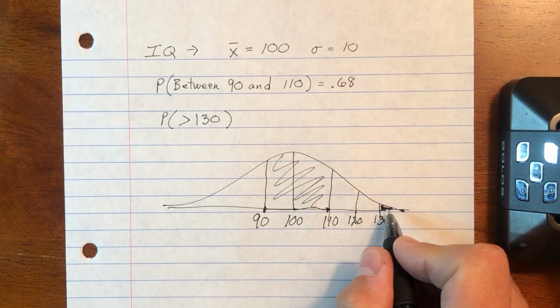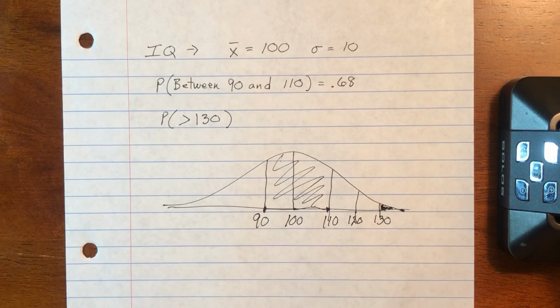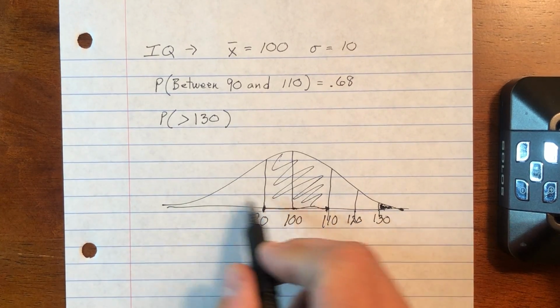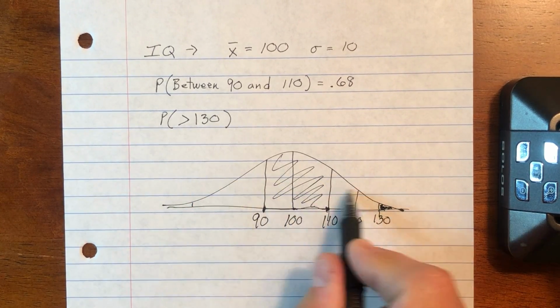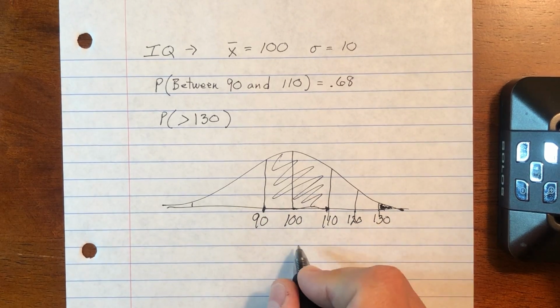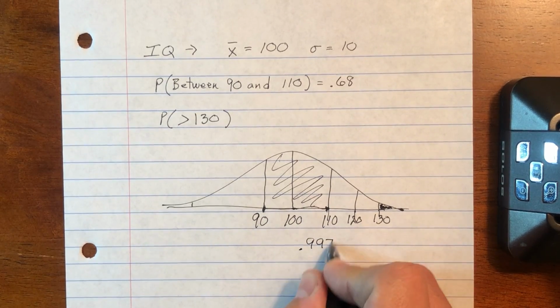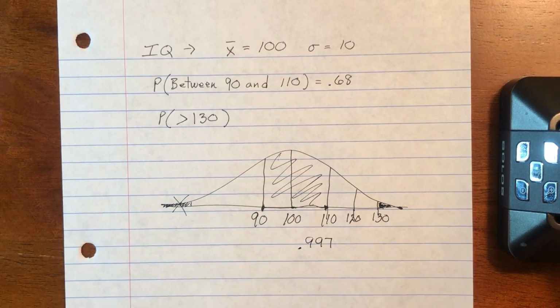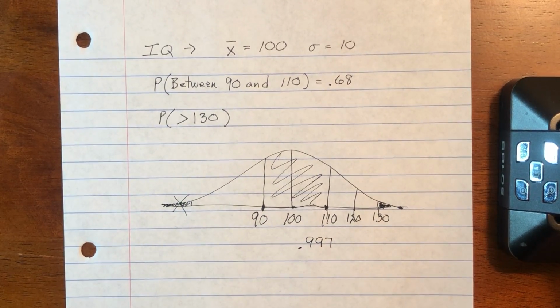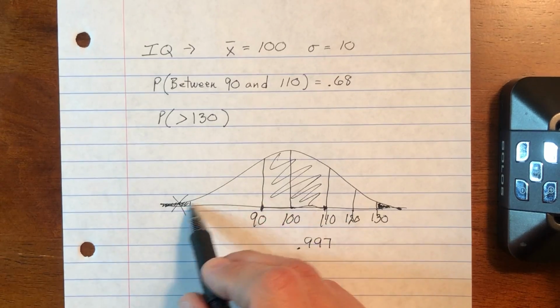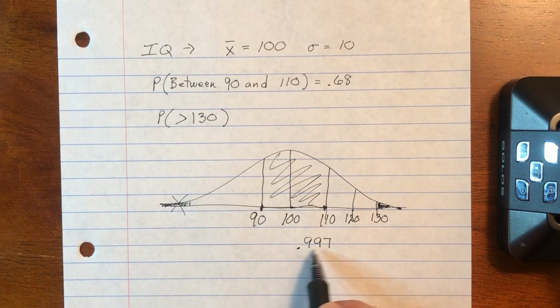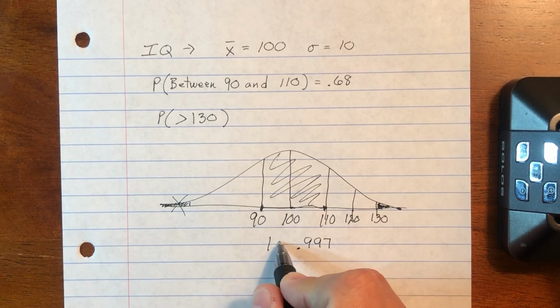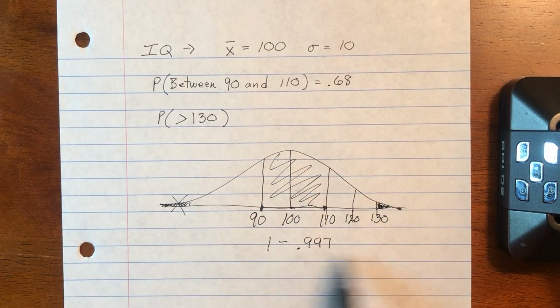So that means that this over here is going to be, well, we know that from there to there would be 0.997. But that's also including all these people way over here, and we don't want those people. So what we need to do is figure out the probability of all these people in the middle, which is 0.997, subtract it from 1, because 1 would be the entire thing.